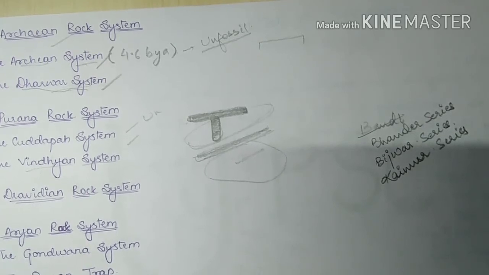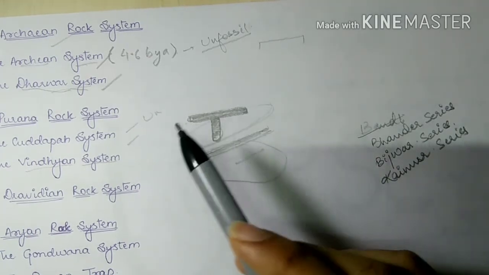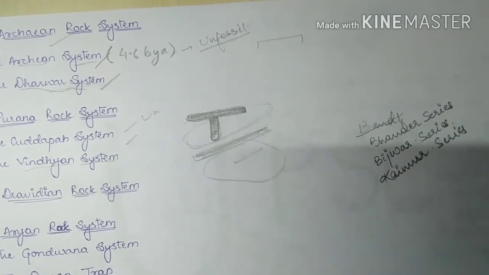The dykes here are rich in diamonds. And lastly we have the Kaimur series, which has sandstone, conglomerate, and shales as the main rocks, and they are rich in red sandstone.